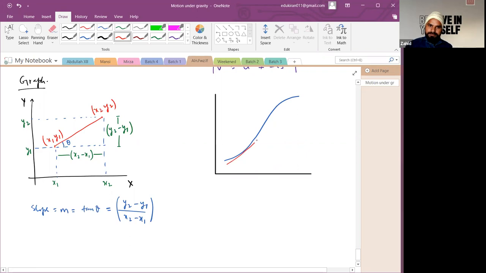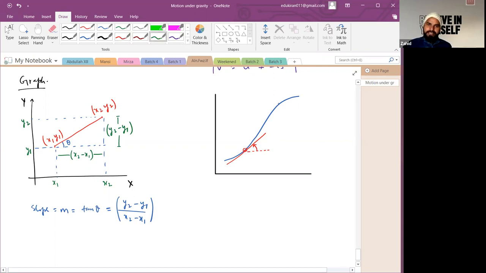So let's say at this point, it will be along this path. Now draw a horizontal line to this. So inclination from this line to this tangent will define you slope of curve at this given instant.